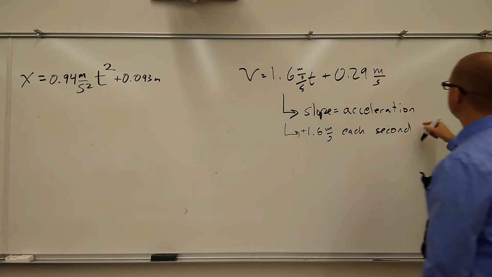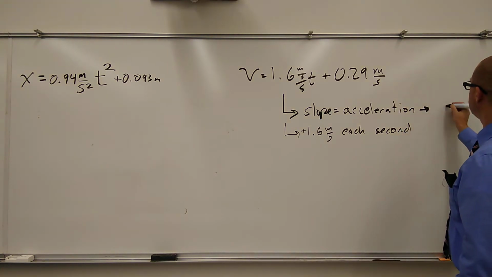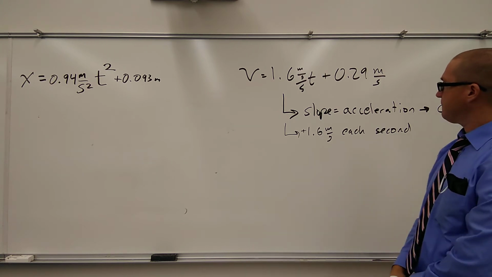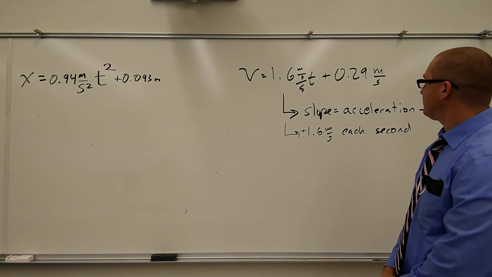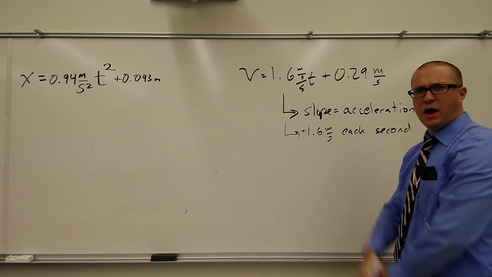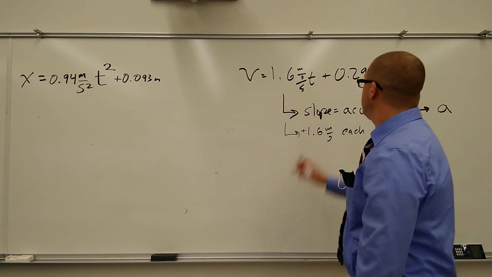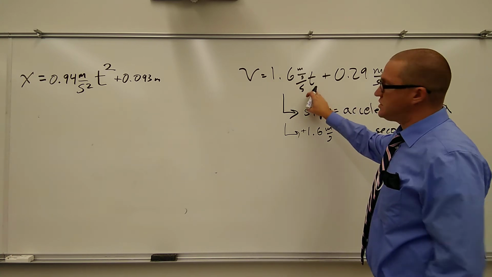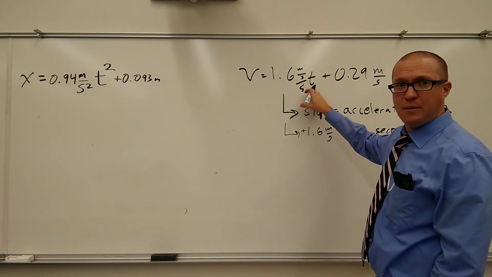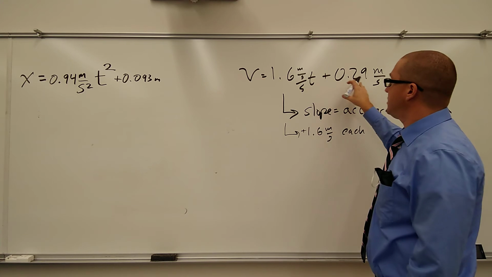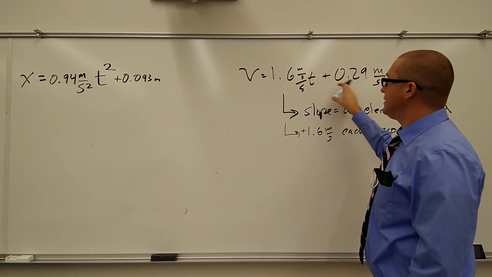And the symbol we use for acceleration is a lowercase a. So that's the slope. All right, let's talk about what the y-intercept here is. Well, this would be the velocity if time was zero, right?